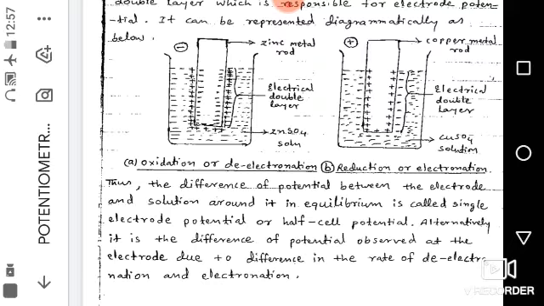What is the electrode potential? The difference in the potential between the electrode and the solution around in the equilibrium is called a single electrode potential or half cell potential, and alternatively it is the difference of the potential observed at the electrode due to the difference in the rate of de-electronation and electronation.